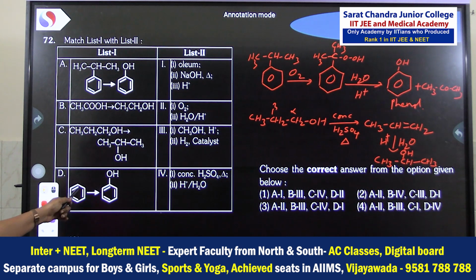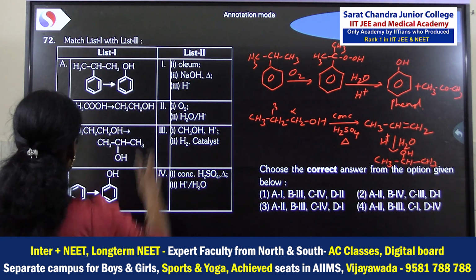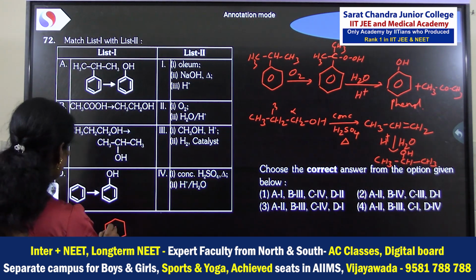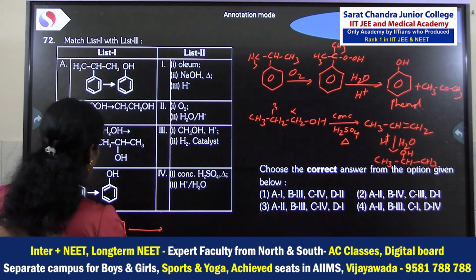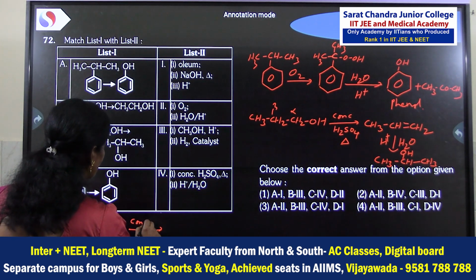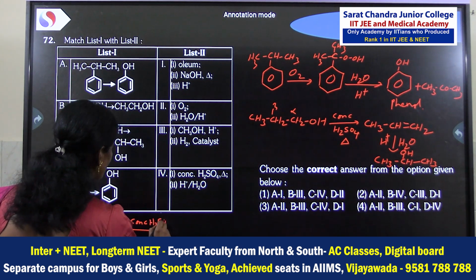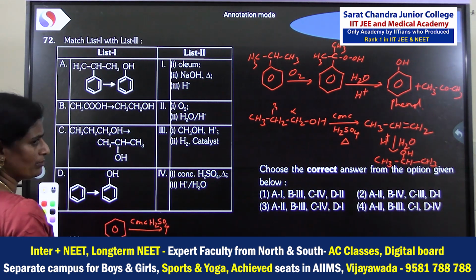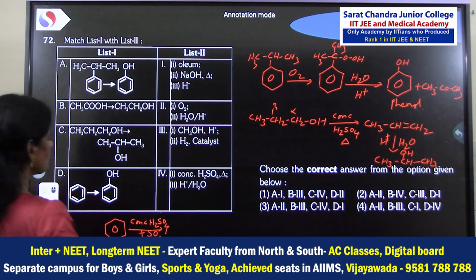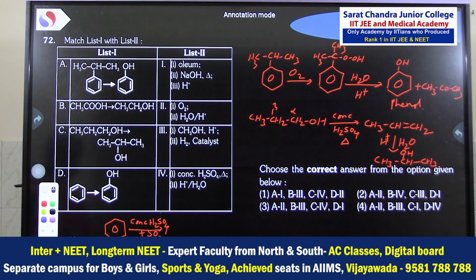When benzene is treated with oleum, highly concentrated sulfuric acid, fuming sulfuric acid, that is known as oleum, H2S2O7.